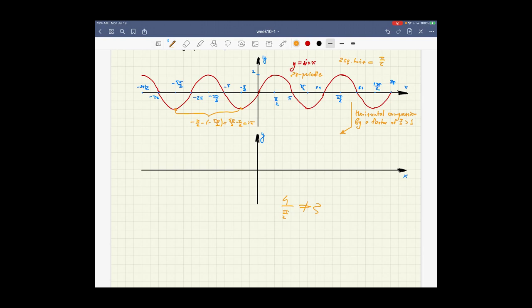It's not true. But for the purpose of making a good picture, I would like to choose this scale. Again, 3 squares will be a distance of 2. Here, 4 squares was a distance of pi. So here, 3 squares will be a distance of 2.